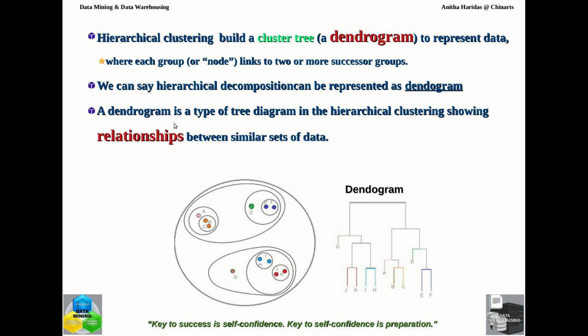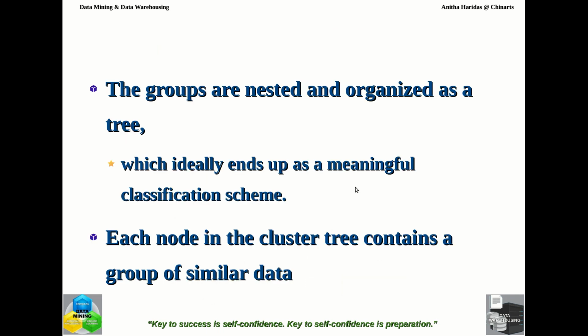So the dendrogram is a type of cluster tree in hierarchical clustering that shows the relationships between similar sets of data. Please make a note of it. This is not tendo, this is dendrogram. Please update. This is also a dendrogram, and this is also a dendrogram.